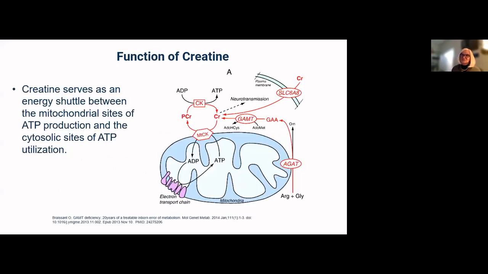Creatine serves as a shuttle between the sites in the mitochondria where ATP is produced and the cytosol where ATP is utilized. Creatine is converted to phosphocreatine, and then phosphocreatine releases the phosphate to form ATP in the cytosol.